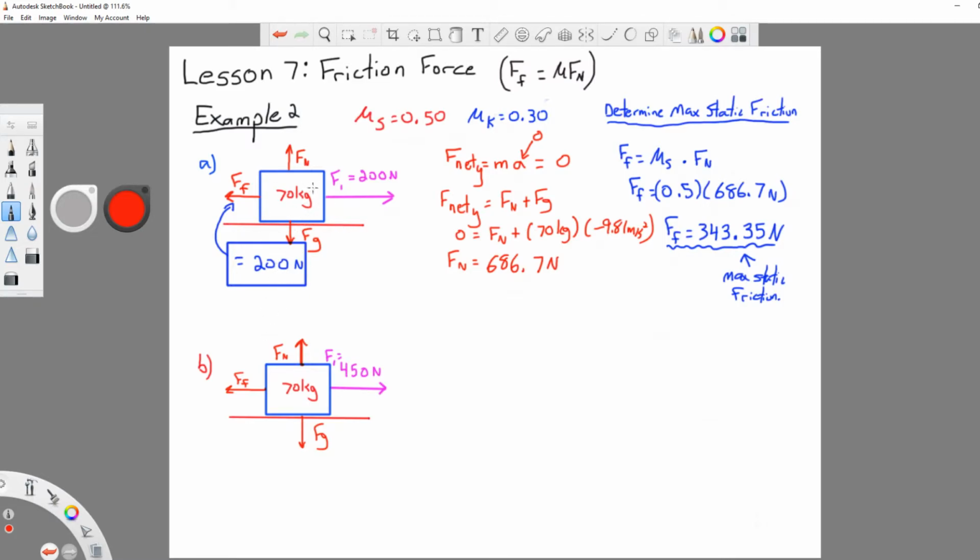It's the same as over here, except now this value that we're pulling with, force 1, is greater than max static friction.